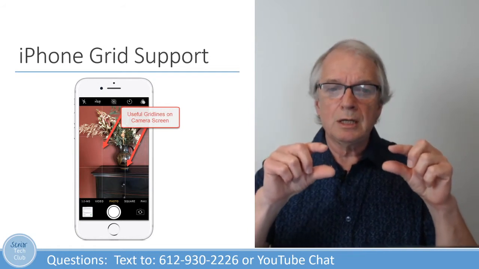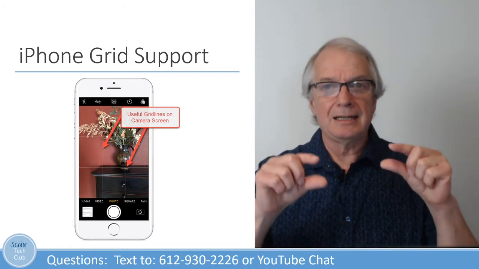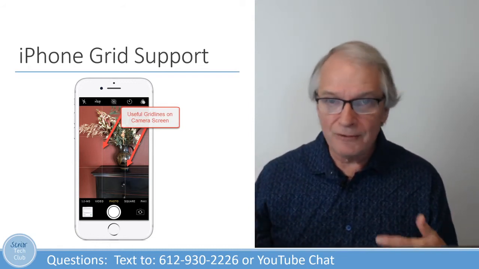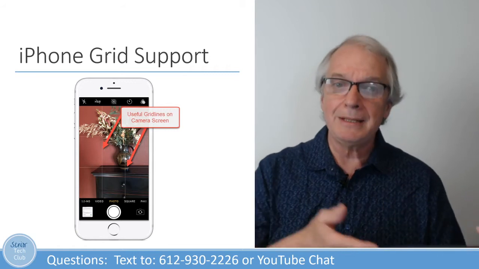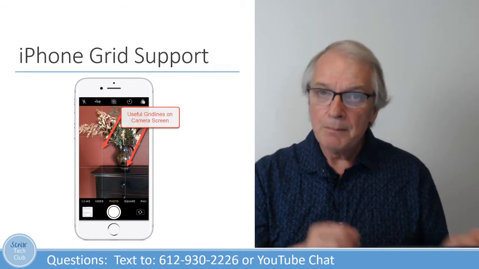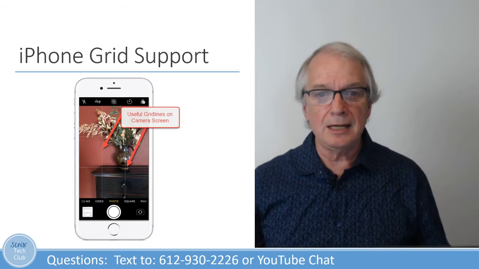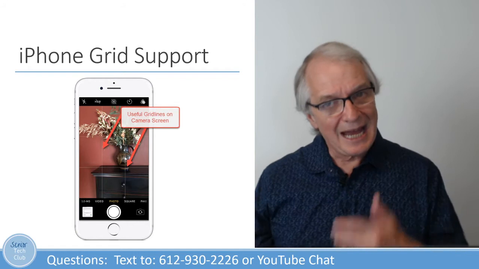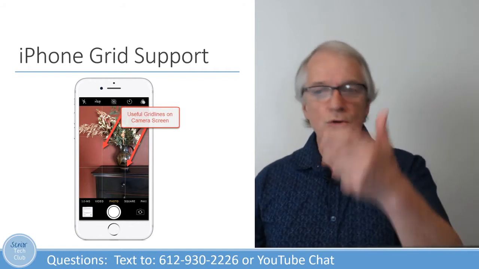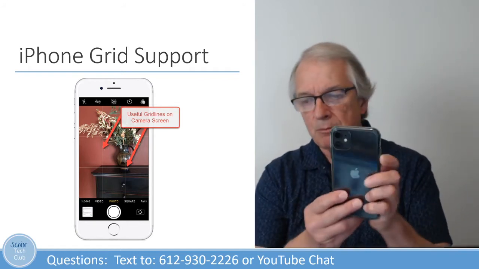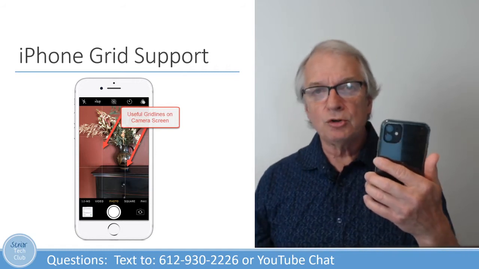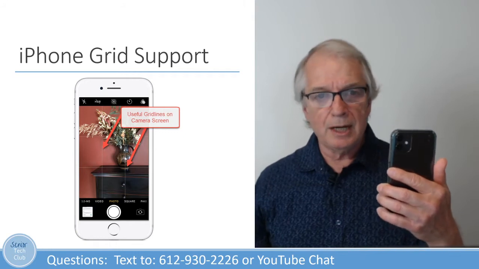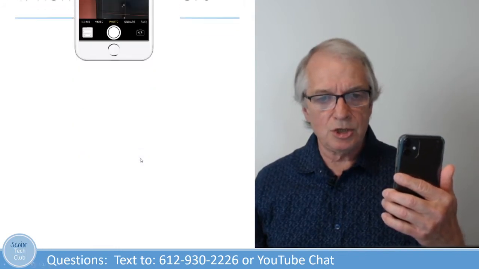You can place these lines on your iPhone camera screen. They do not change the photograph and they certainly don't show up in the photo, but they're there just as a reminder. It doesn't hurt to have them there so that when you hold up your camera to take a photo, you are reminded about this composition strategy.